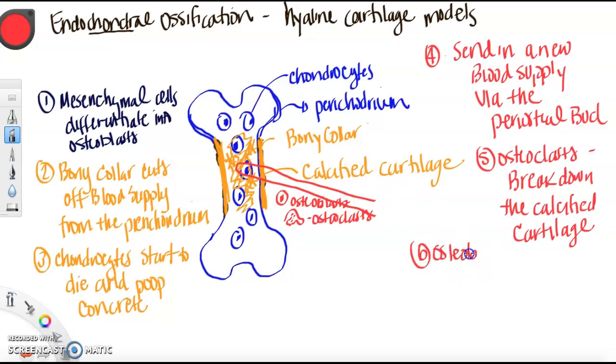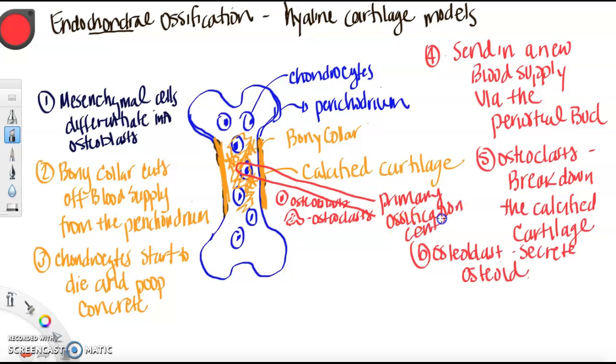So osteoblasts secrete osteoid, which is bone matrix, and as those cells get in there, they form a primary ossification center right here at the bud.